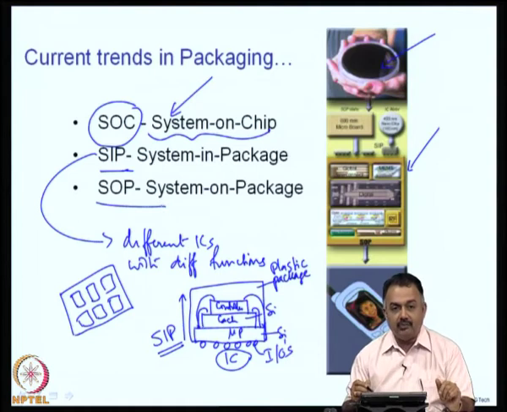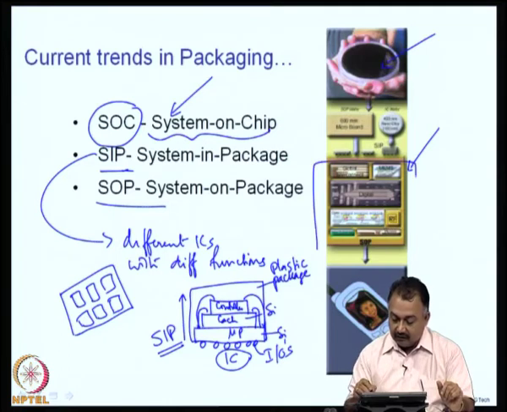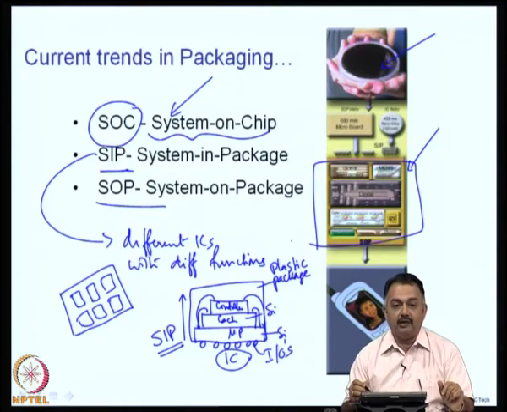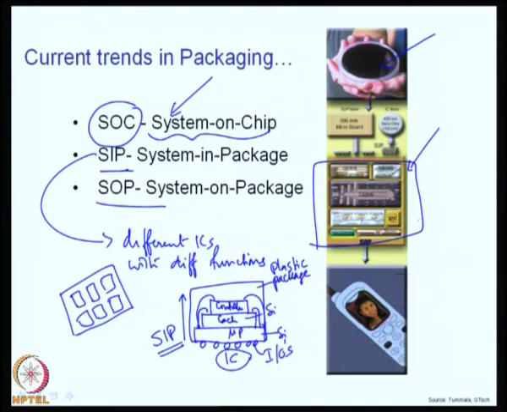When we come to system on package, if you look at this figure here, a system on package means you take a printed wiring board, an organic substrate, as the substrate. Now, you can integrate your MEMS device, your optoelectronics device, your RF device.